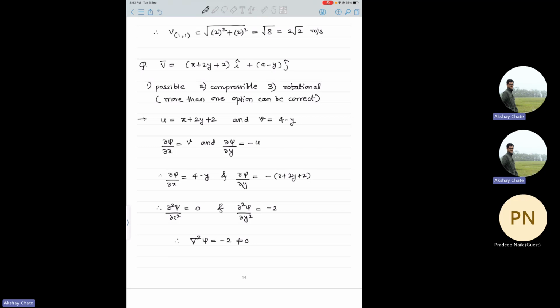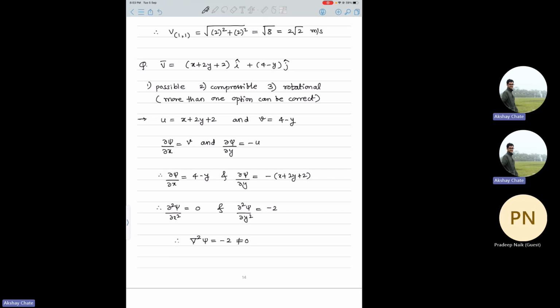Maybe we'll stop after this because we are already out of time. X plus 2y plus 2, plus 4 minus y j. So del psi by del x is v, del psi by del y is minus u. Del square by del y square is minus 2.